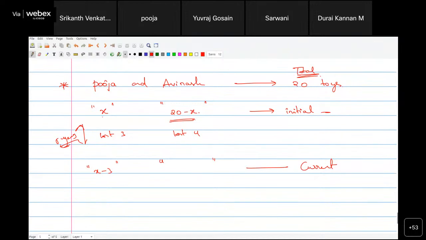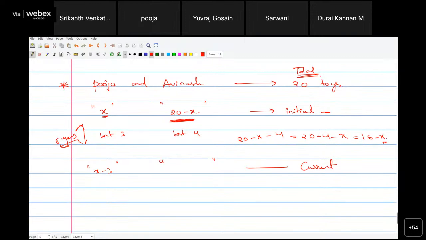What you did is take the initial number of toys minus how many you lost, which gives the current number of toys. In the same way, Avinash has these many toys, out of which he lost 4. So it should be 20 minus X, minus 4. What is that? 16 minus X. In these situations you shouldn't get confused.